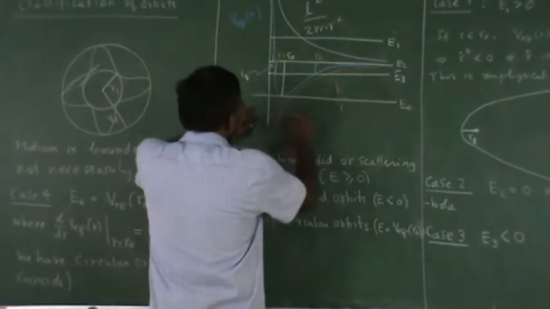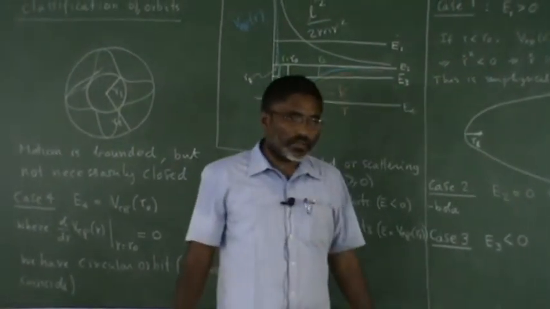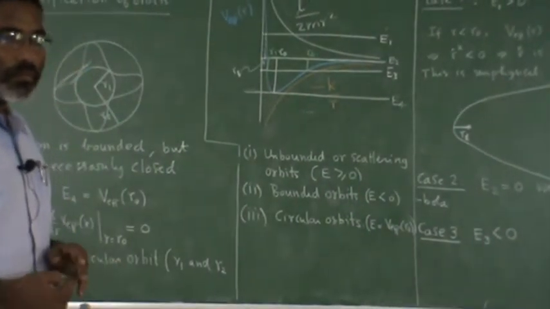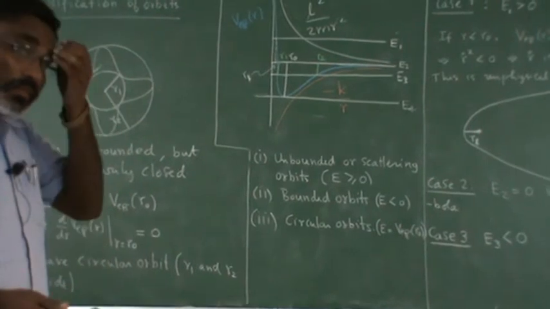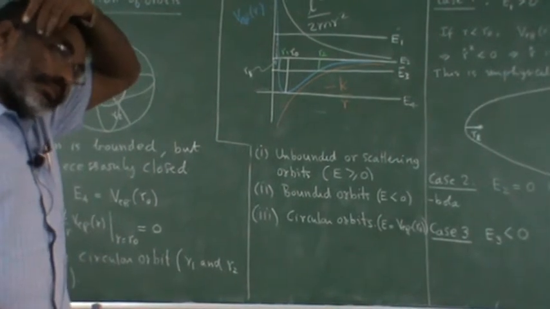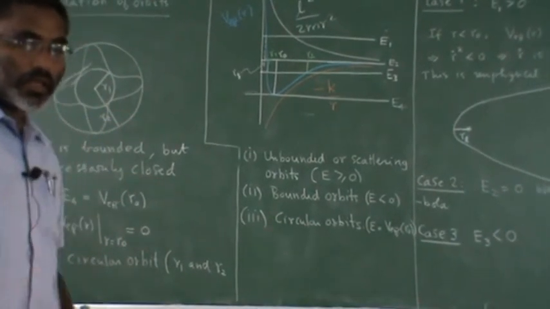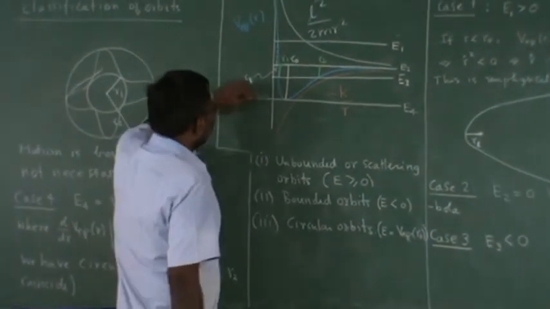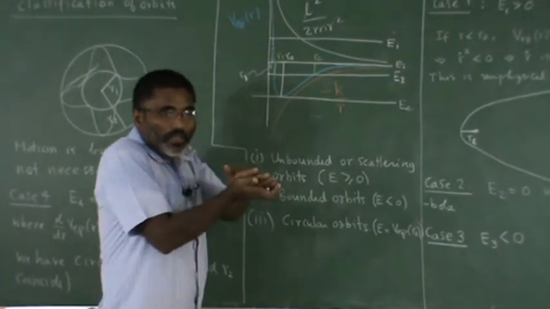Suppose I take some E here, for every R, V effective is more than E. But you can choose a different angular momentum, and then you will come closer to that circular orbit.